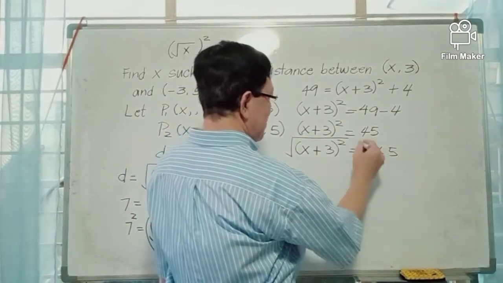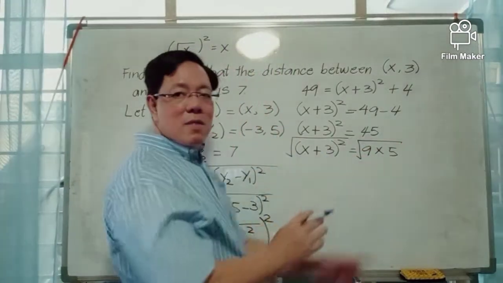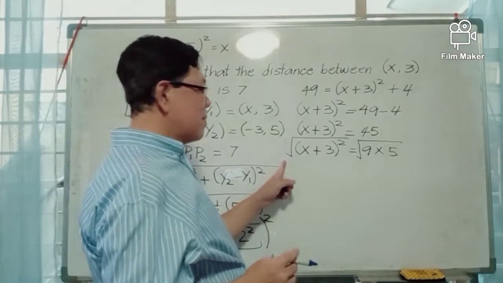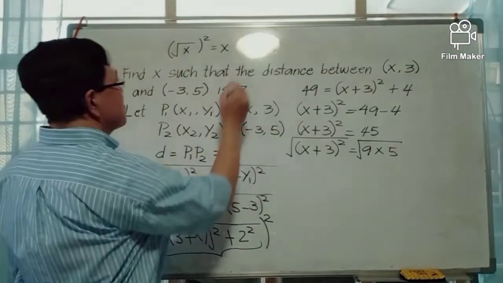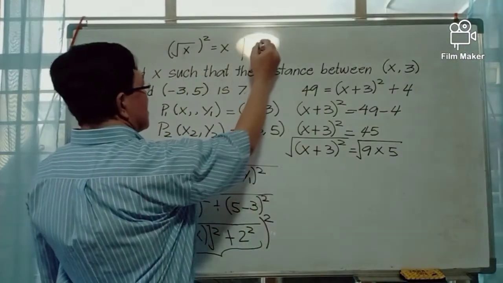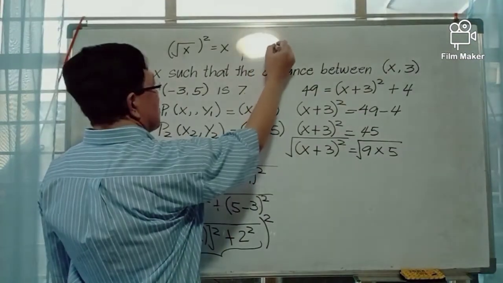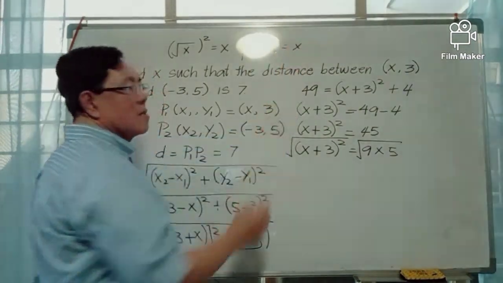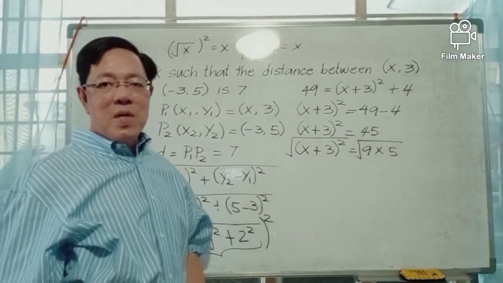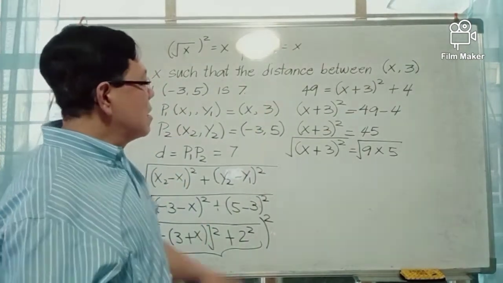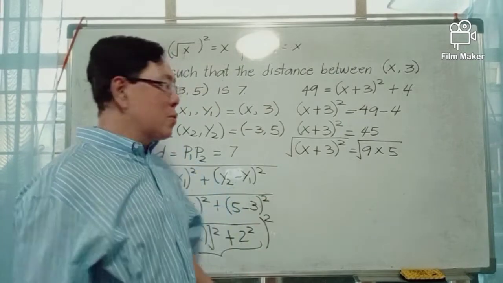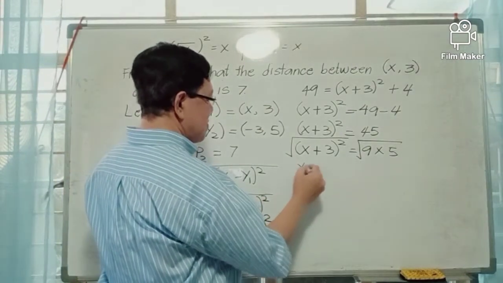By property of radical, the root of the square of x is simply x. So the left side simplifies to x plus 3.